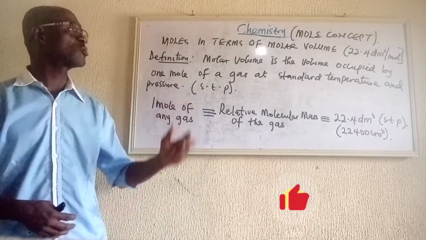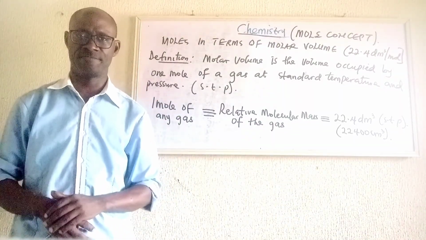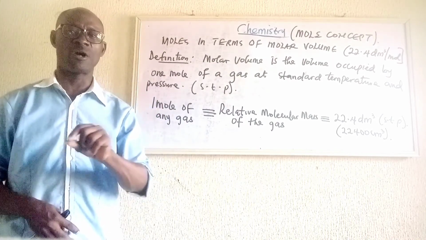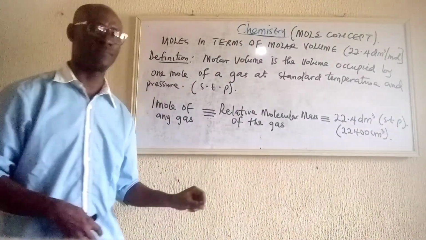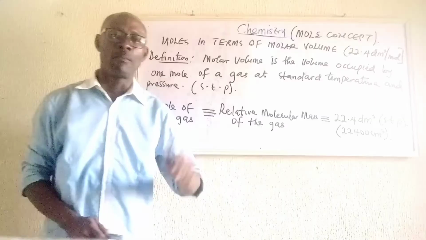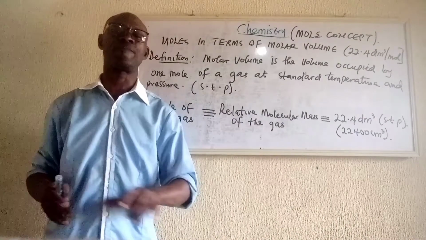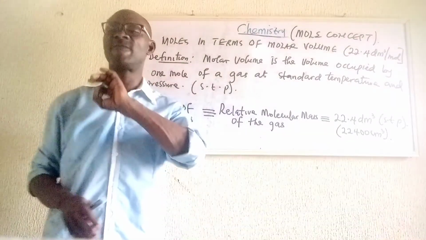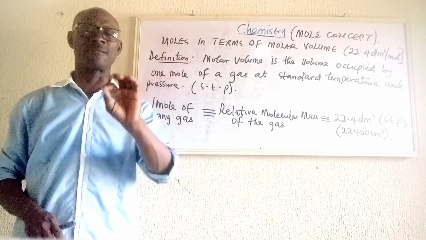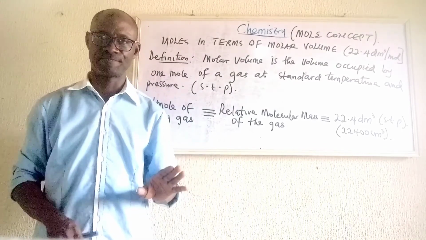Today, I want to have a look at mole concept in terms of molar volume. To start with, what is the definition of molar volume? Molar volume can be defined as the volume occupied by 1 mole of a gas at standard temperature and pressure.